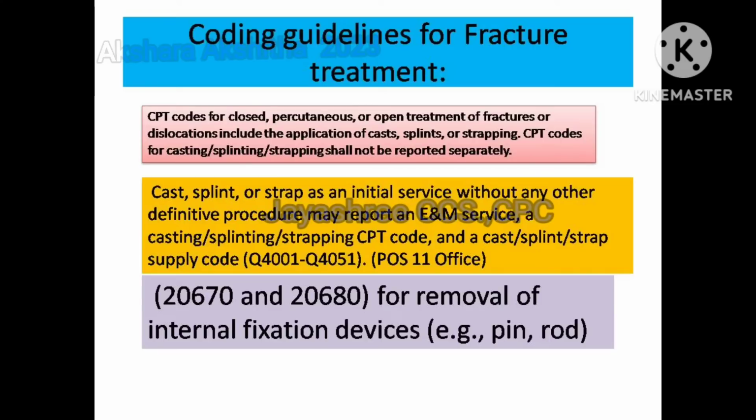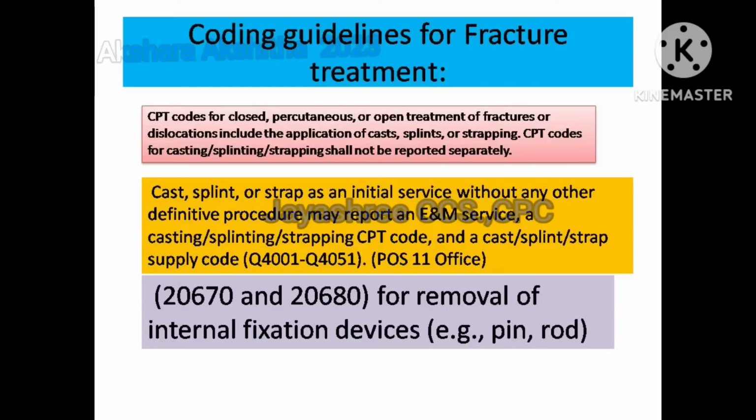What is the supplies code? Q4012 to Q4051. This range of codes is the supply code. So if it is a physician office and they are performing the splint as an initial treatment, we can code E&M, casting code, and the supply code, which is the Q series HCPCS code.